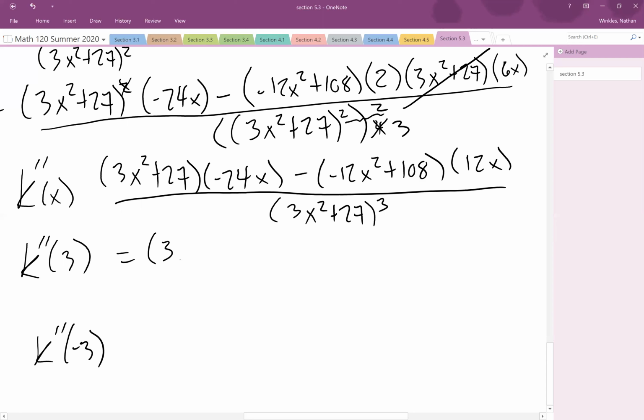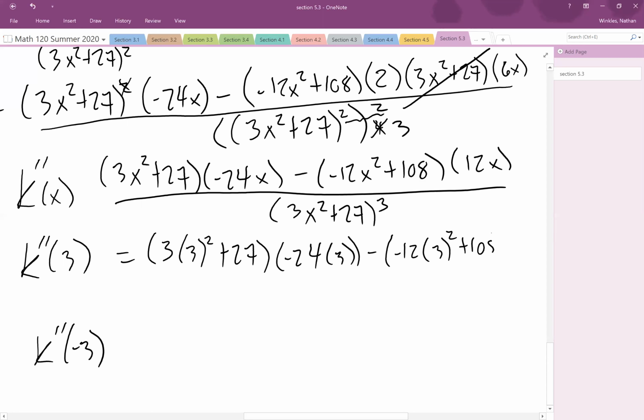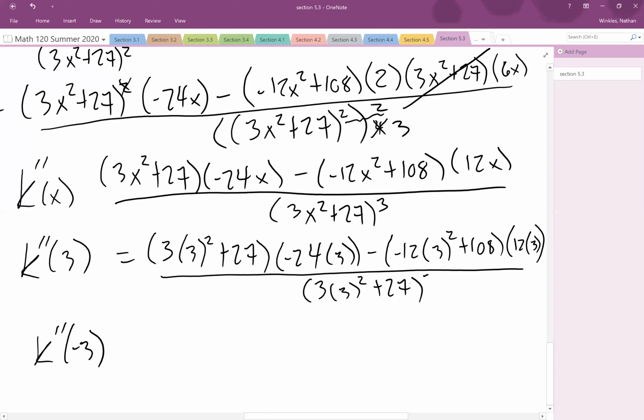So 3 times 3 squared plus 27 times negative 24 times 3, minus negative 12 times 3 squared plus 108 times 12 times 3, all over 3 times 3 squared plus 27 all to the third.